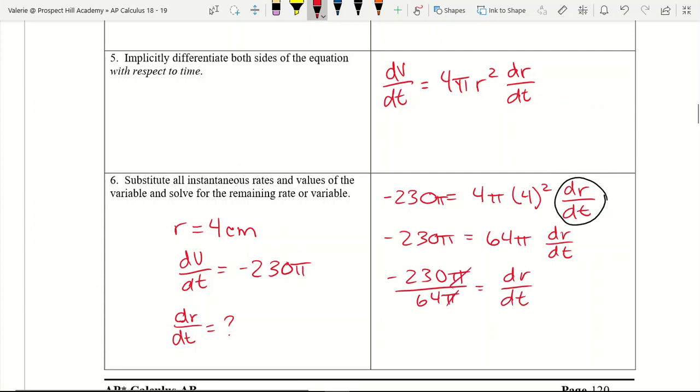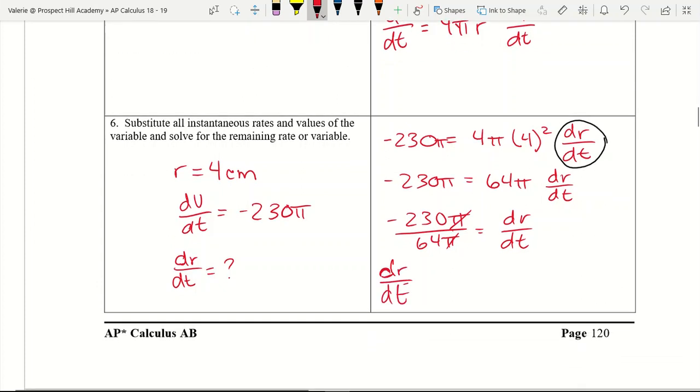So we have that dr dt is equal to negative 230 over 64, which we can keep like this, or we can put in a calculator and estimate it to negative 3.5938. And our units are centimeters per minute.